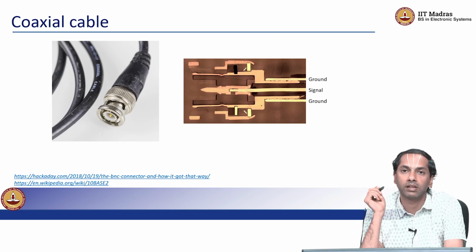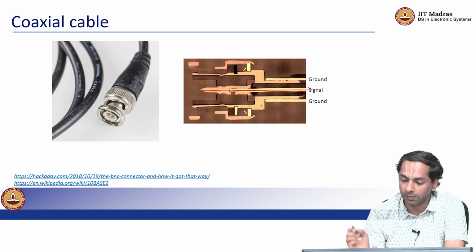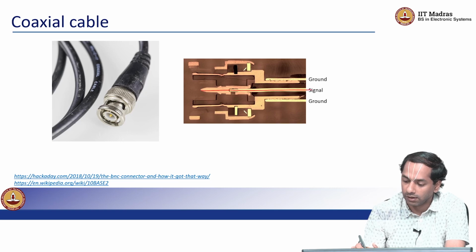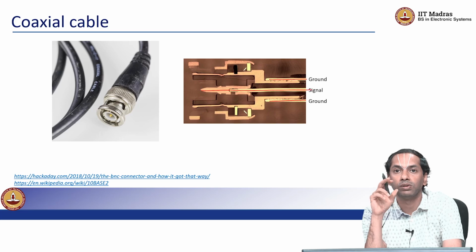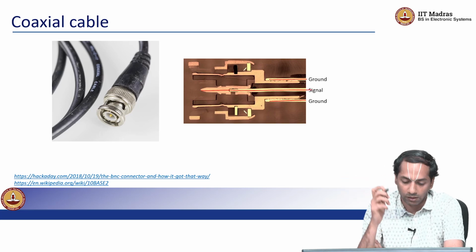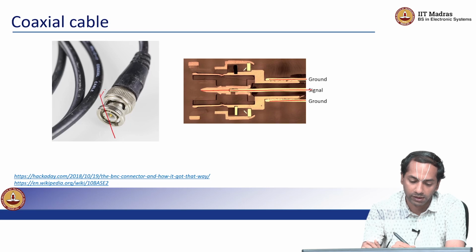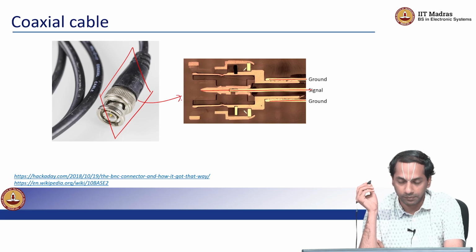And if I look at the construction of this cable, there is a central conducting wire, and although it looks like two separate conductors on the top and bottom, this is a cross section of this cable. I basically cut across this cable and look at this cross section.